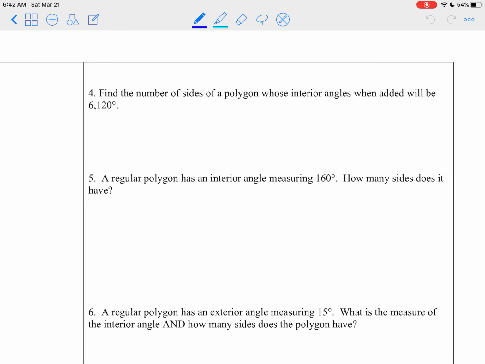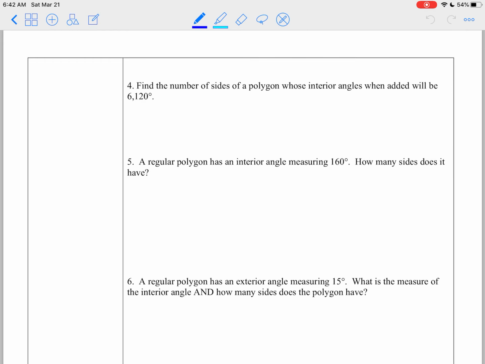All right, next page. Find the number of sides of a polygon whose interior angles, when added, so that's the sum of the interior, will be 6,120. So take our formula for the sum, which is n minus 2 times 180, and we're going to be working backwards.